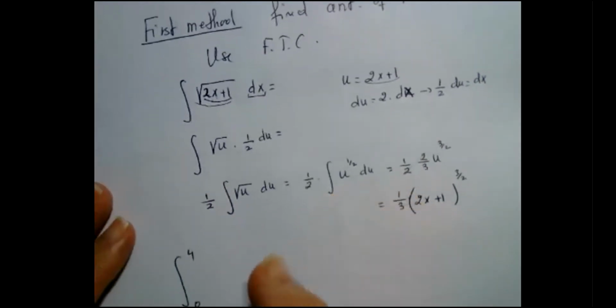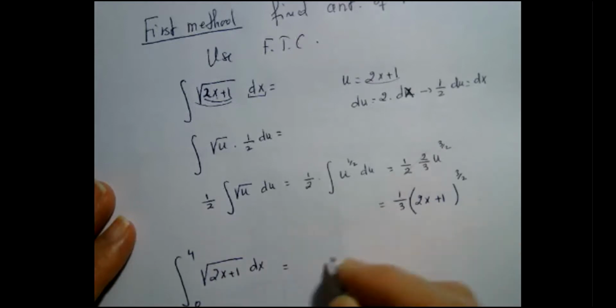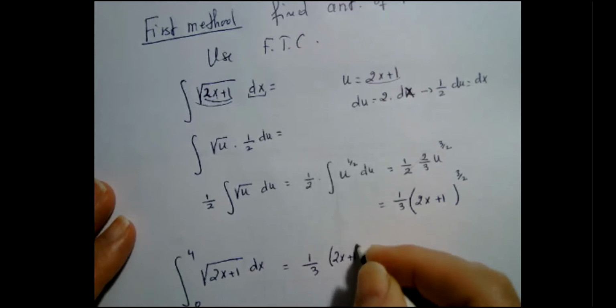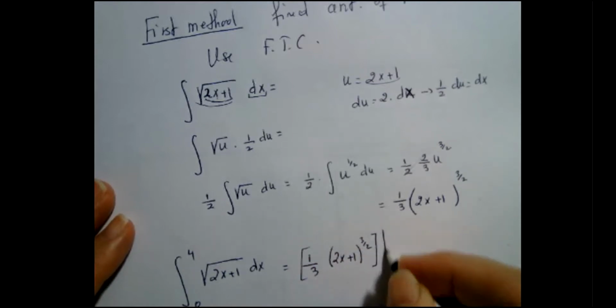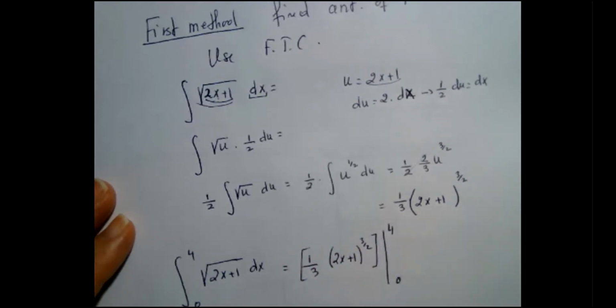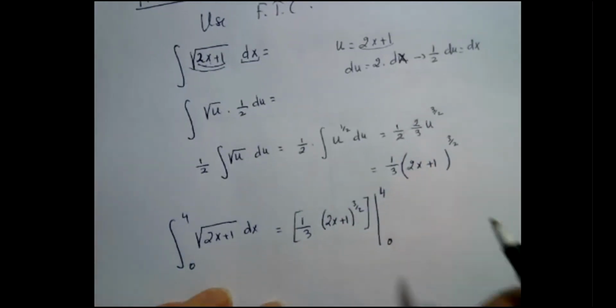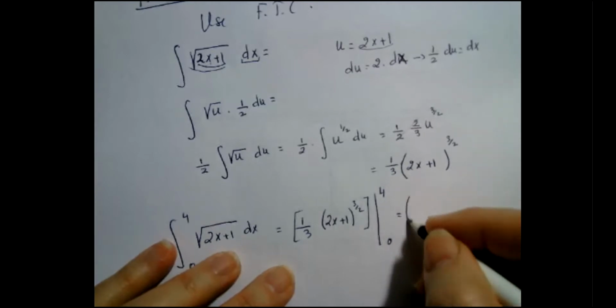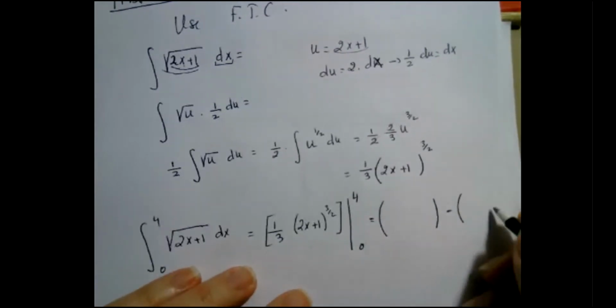So this is equal to the antiderivative evaluated between 0 and 4. Okay, so now I evaluate between 0 and 4. So this would give me everything at 4 minus at 0.